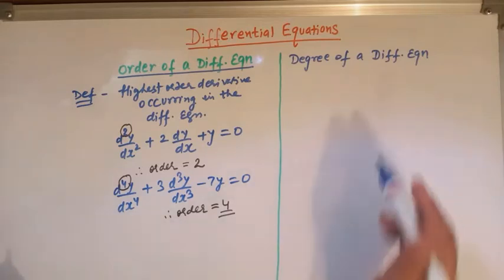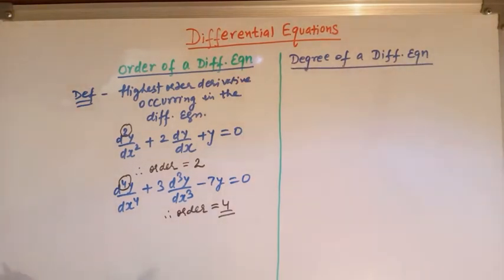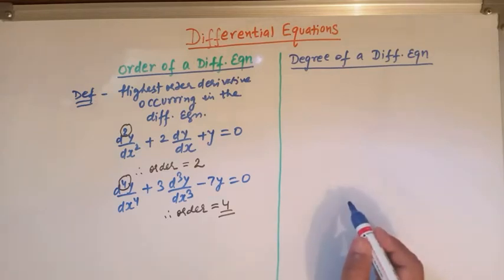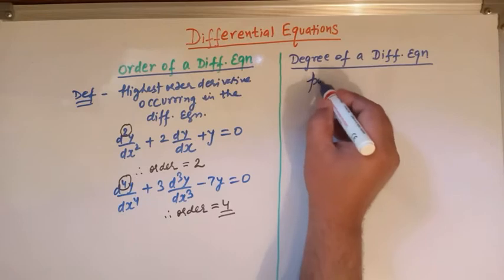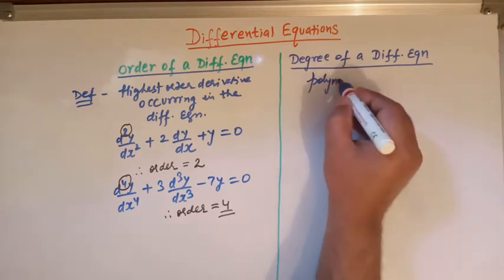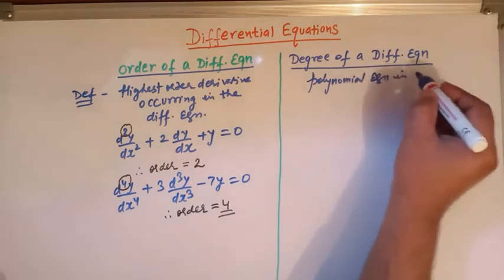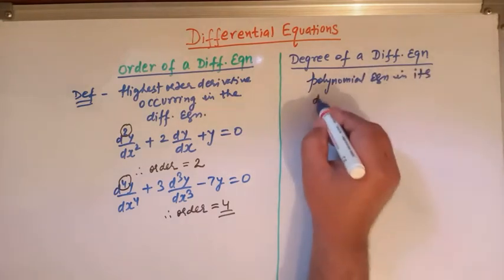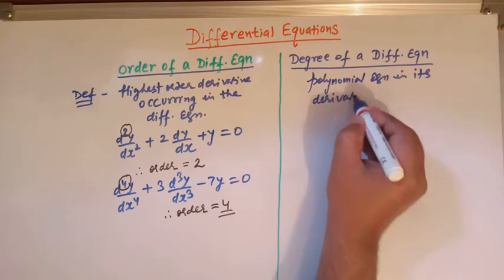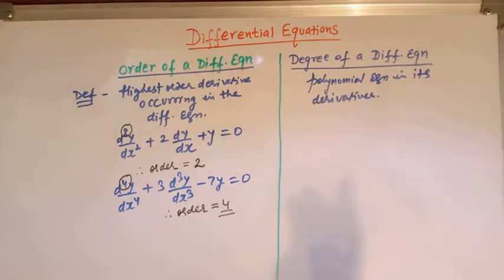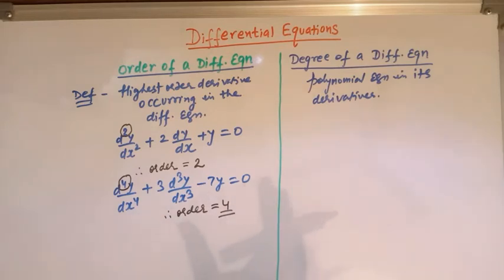Clear? Now let us come to the degree of a differential equation. Viewers, the degree of a differential equation is defined if it is a polynomial equation in its derivatives. Now what is meant by polynomial equation in its derivatives? Let us see.